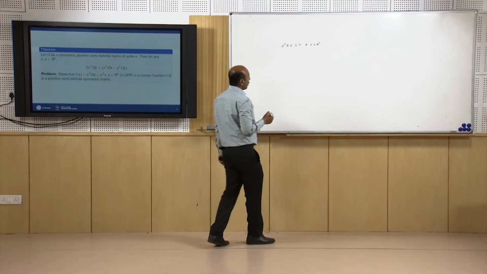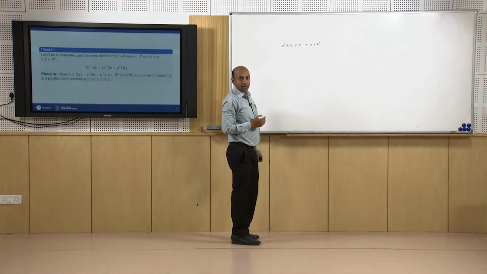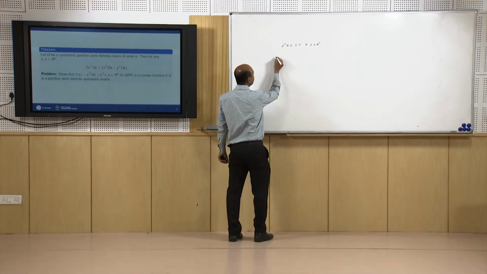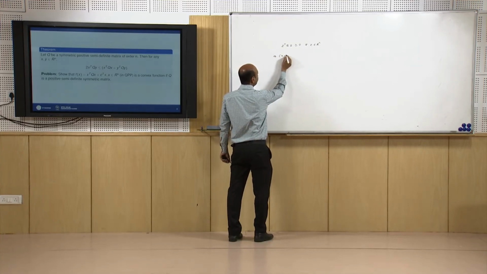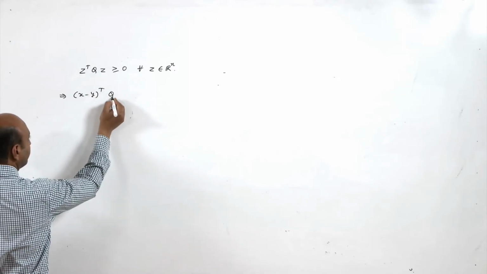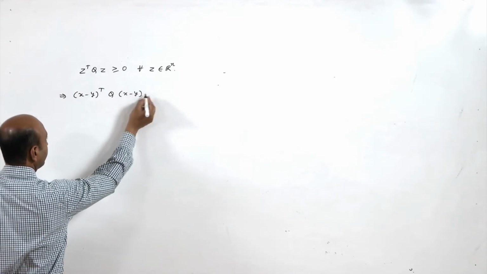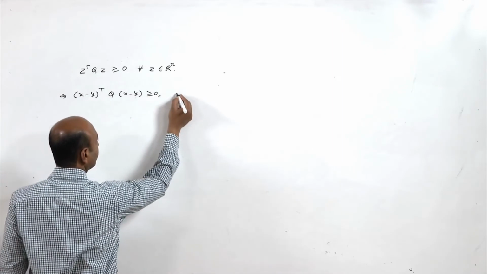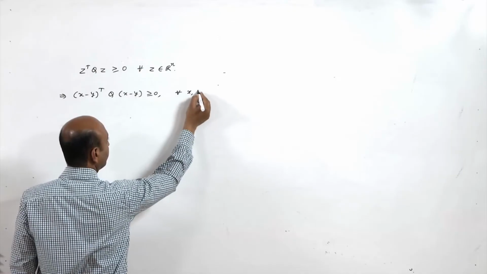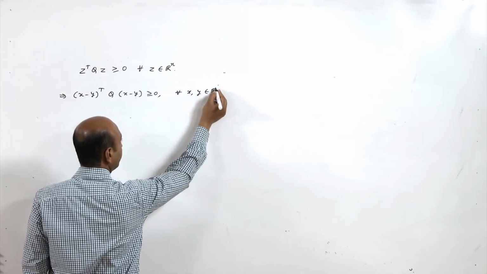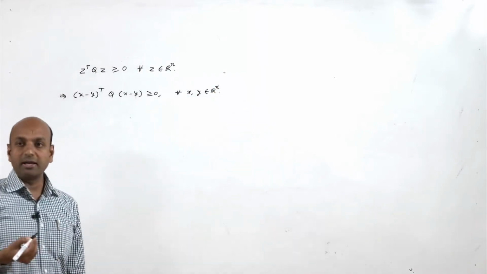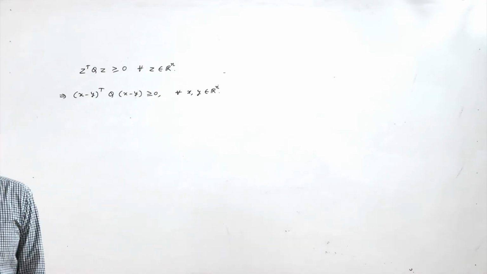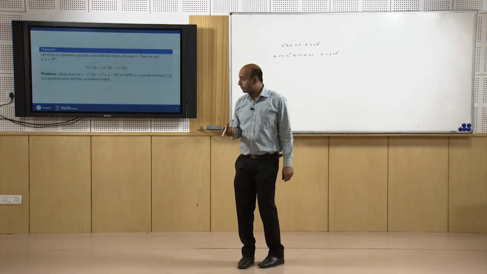If it is true for all z in Rn, it will be true for z equal to x minus y also.